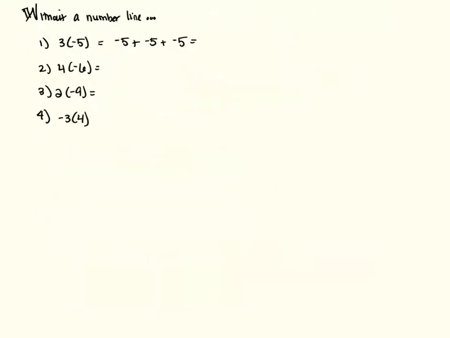Okay, the next section of your notes, you're going to perform some multiplication numbers without a number line. So you're actually going to show repeat addition to make sense of why your answers are the way they are. So take number 1. We've got 3 times negative 5, so that's 3 groups of negative 5. We know that negative 5 plus negative 5 plus negative 5 is essentially negative 15.